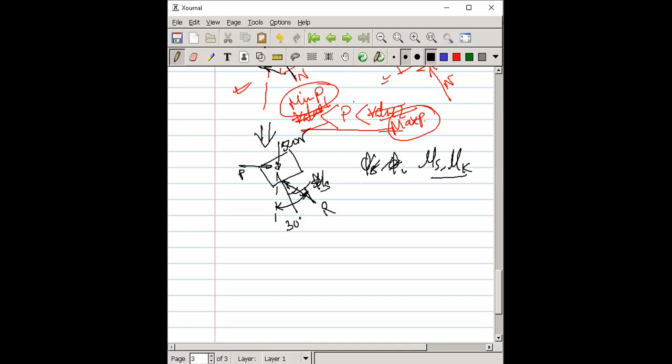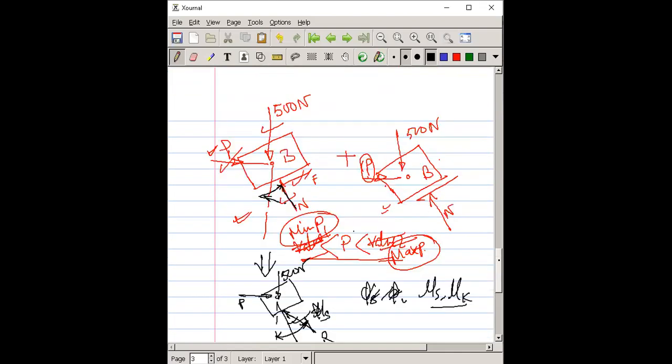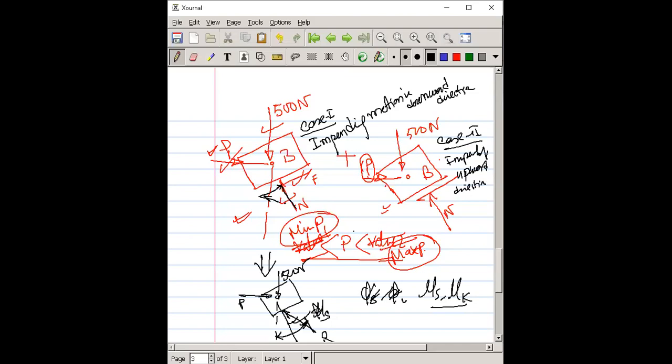Okay, as per mechanics, we can say this is the condition. If we write case one, we can say this is the impending motion in the downward direction. And this is case 2, we can say impending motion in the upward direction.